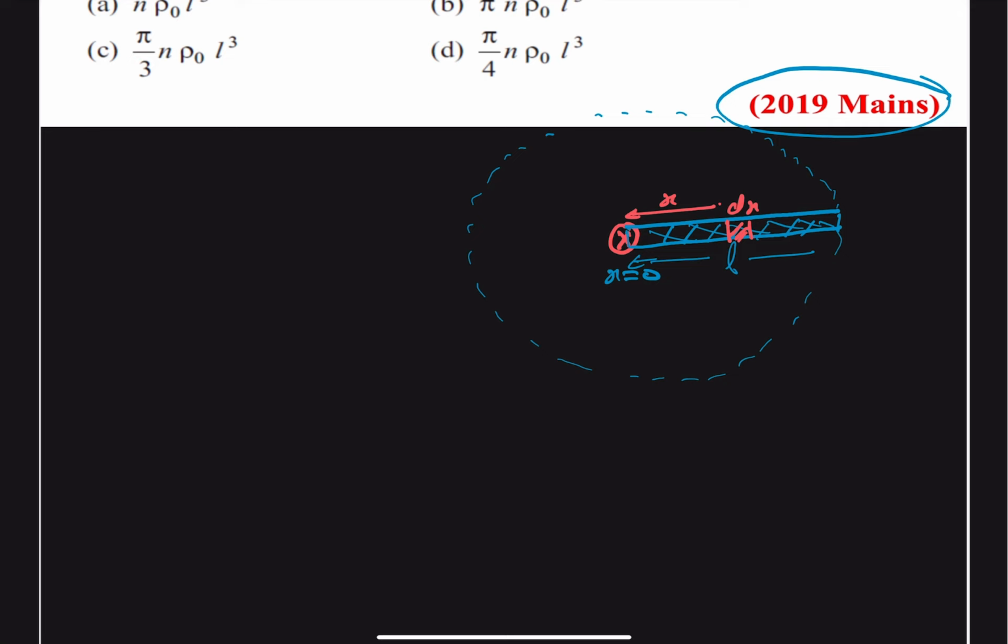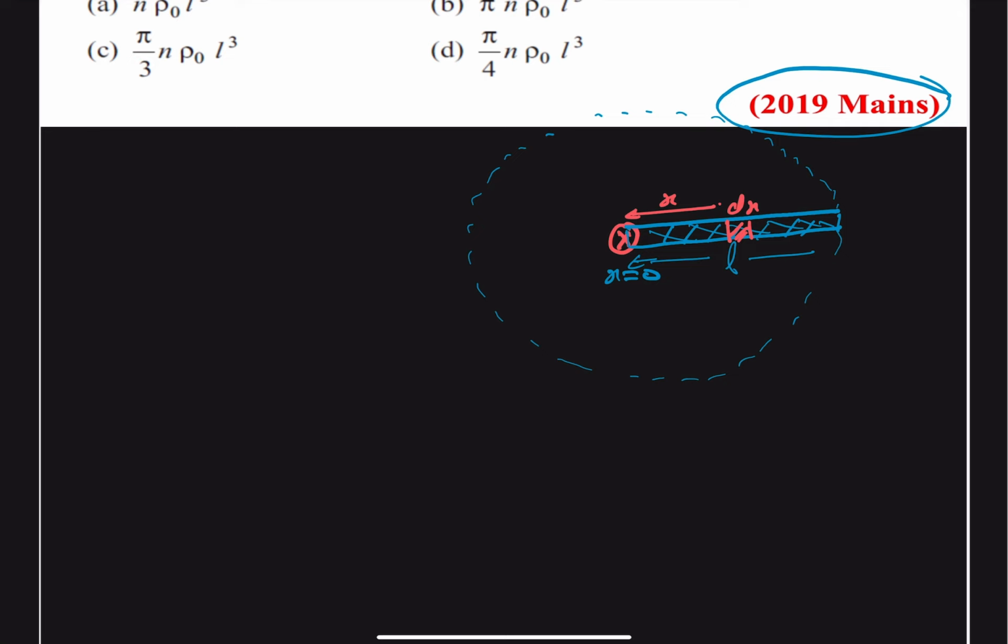And we have to keep in mind that here charge density is dependent upon our x. Okay, so we consider a small element dx.